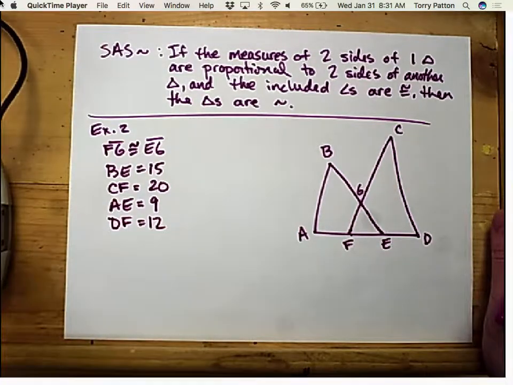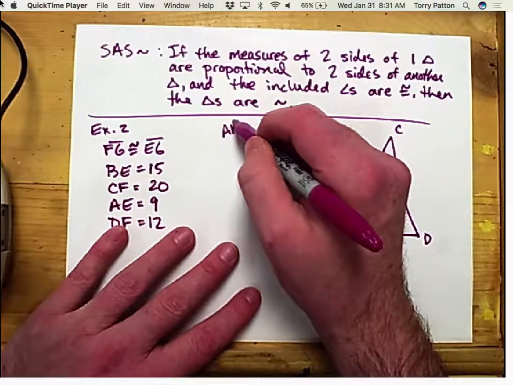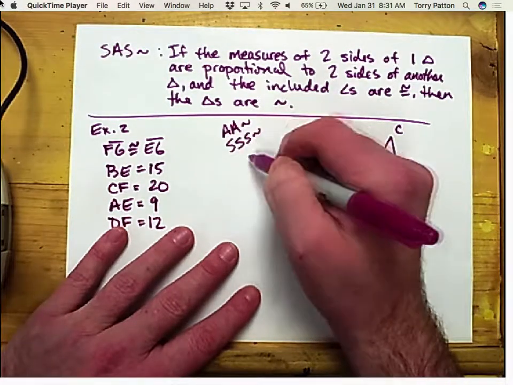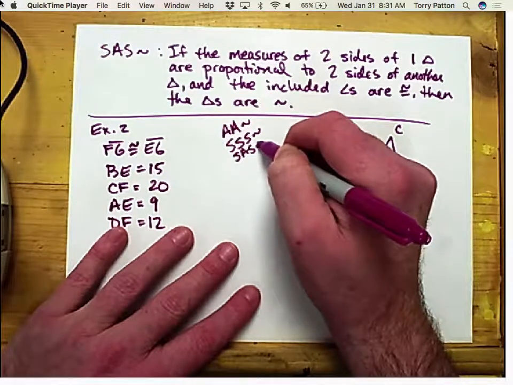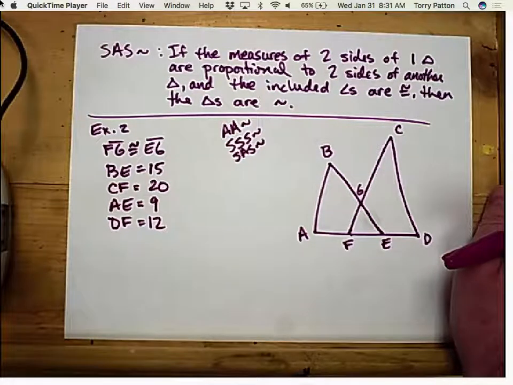Okay? So let's just go through. Well, so what are our ways? We've got angle-angle similarity. We've got side-side-side similarity. And we've got side-angle-side similarity. Now, why is there no angle-side-angle? Because if you have 2 angles, you don't need to know anything about sides.